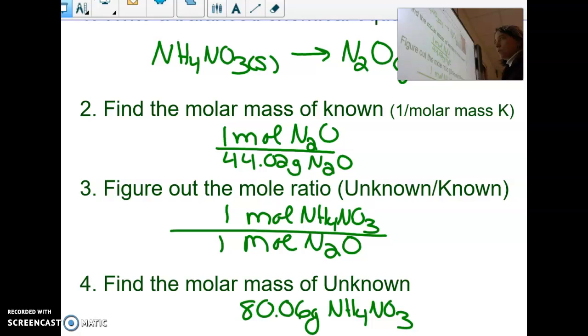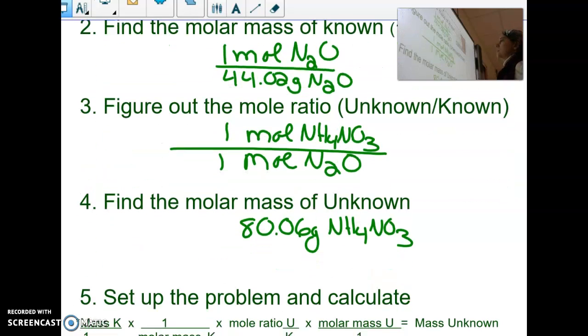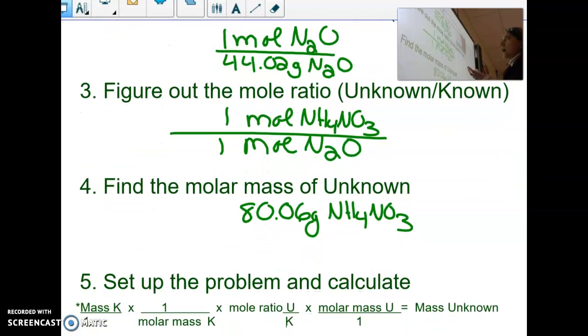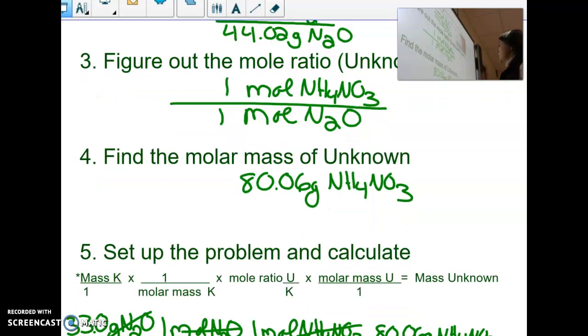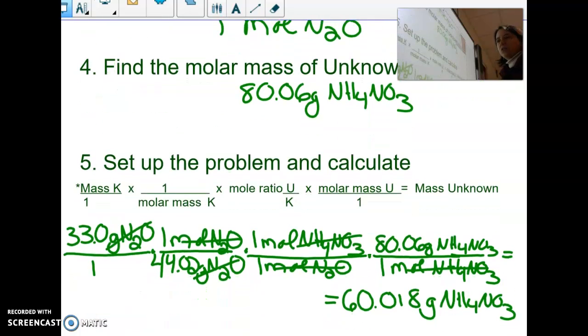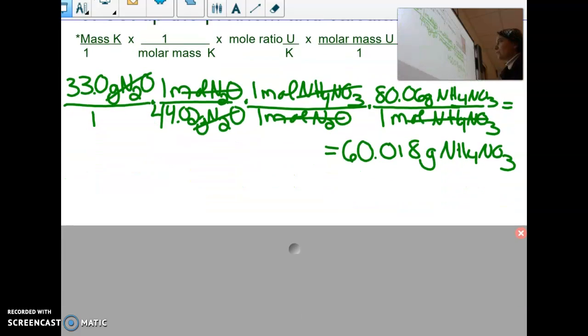So we have about 3/4 of a mole. So then if I have a 1-to-1 ratio, that means I'd have about 3/4 of a mole of ammonium nitrate, and an entire mole is 80 grams. So what would be 3/4 of 80? 60. Did we get around 60?